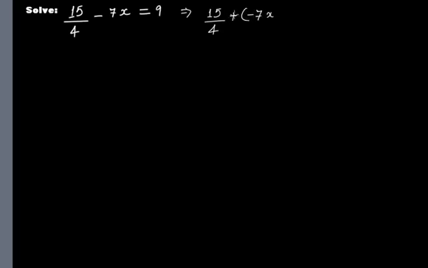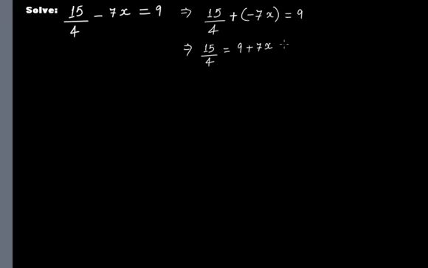No. If outside the bracket is plus, inside is minus, it will come as minus 1. So minus 7x is equal to 9, right? Now, if you transpose minus 7x to the right hand side, since it has a minus sign, it will become plus, right? So this is 15 by 4 is equal to 9 plus 7x, right?